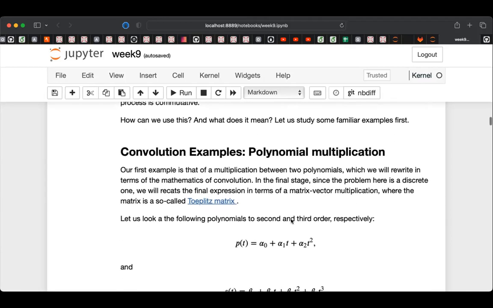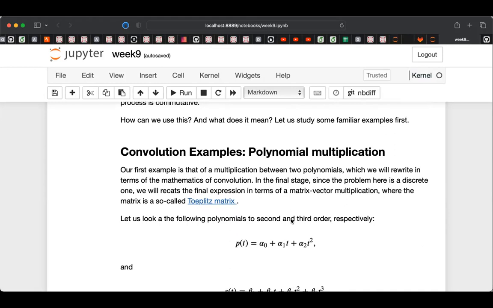So one of the examples which we looked at last time was the example of polynomial multiplication, which we can rewrite in terms of a matrix times a vector product. And this matrix had a specific name, as we mentioned last time. It's called a Toeplitz matrix.